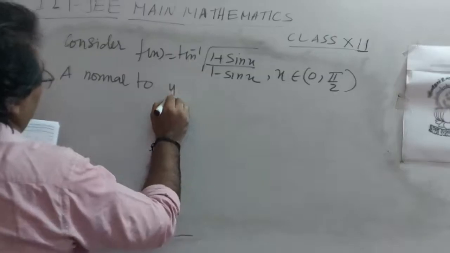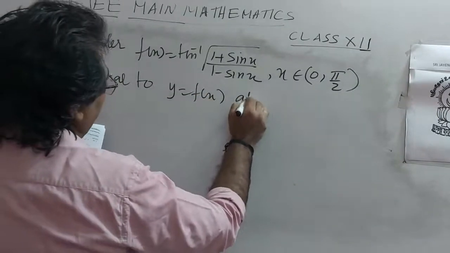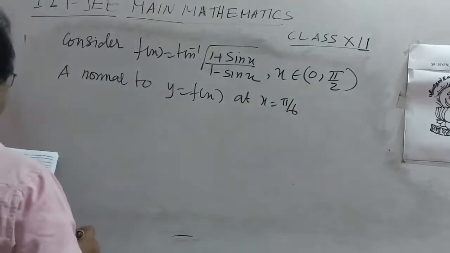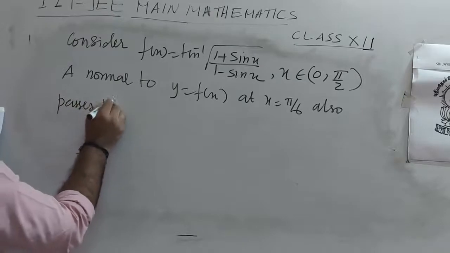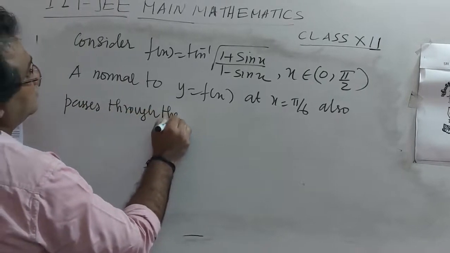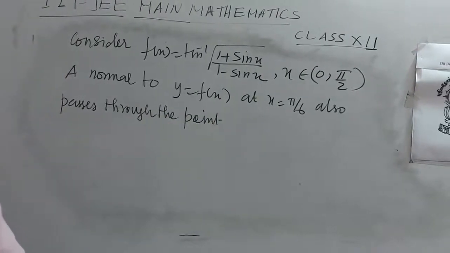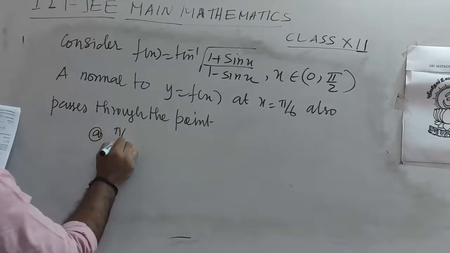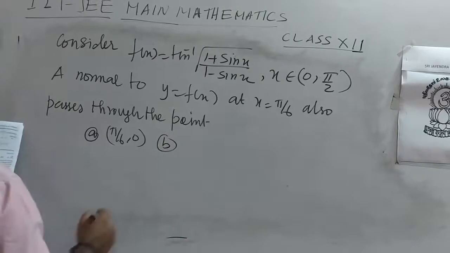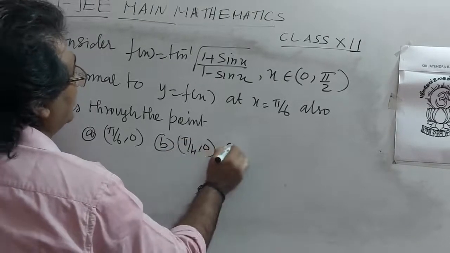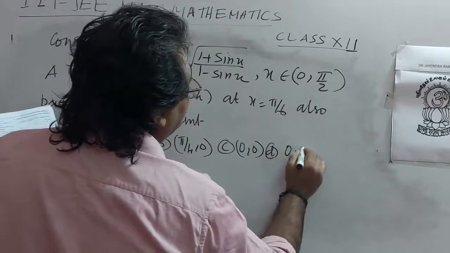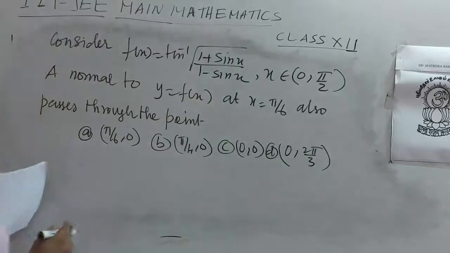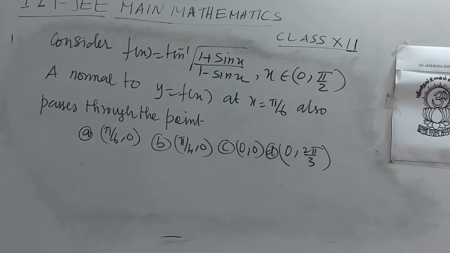Here the normal to y equal to f of x at x equal to pi by 6 also passes through the point: pi by 6 comma 0, pi by 4 comma 0, 0 comma 0, or 0 comma 2 pi by 3.